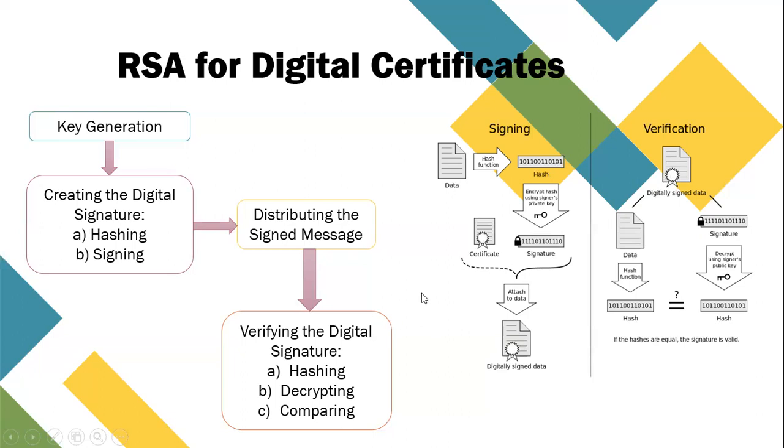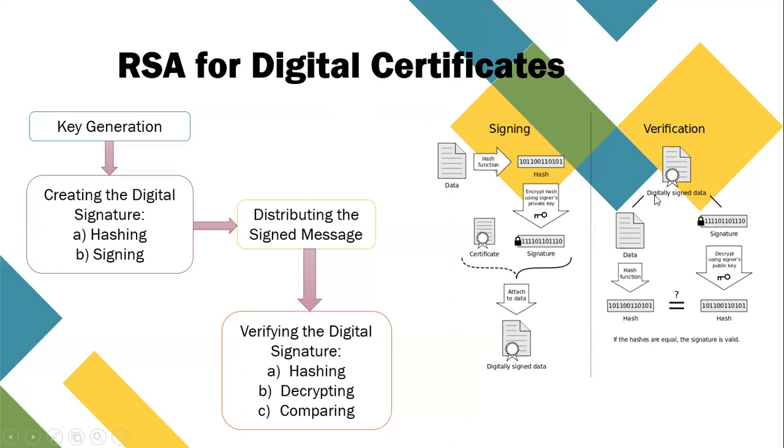Now, when the receiver receives this data along with the certificate, their first task will be to verify this digital signature. Their first step will be hashing. They'll use the same hash function which was used by the sender on the data to get some hash value.